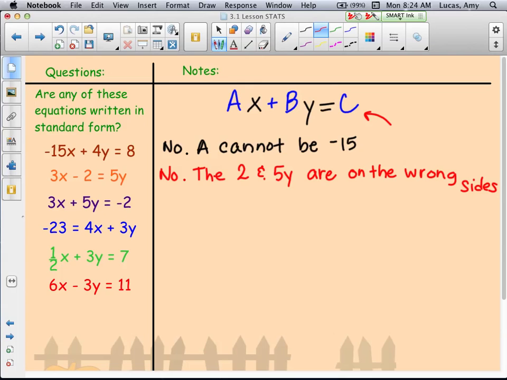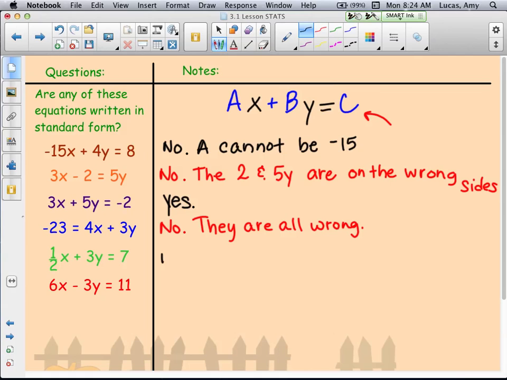The next one, yes, that looks great. A, b, and c look good. A is positive. All right. Next one, no. They are all on the wrong side. Okay.